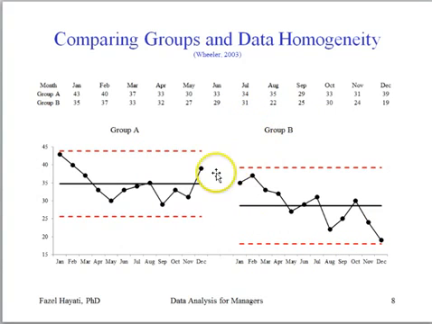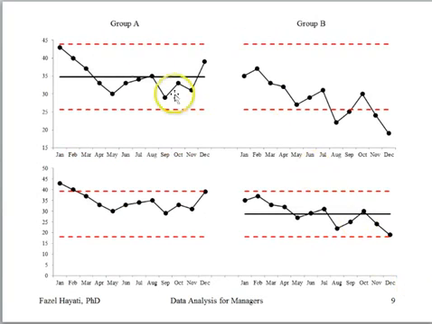If we're assuming that these two groups come from the same system of causes, in other words, that they're comparable, that means that this group must fall within the upper and lower control limits of this range, and this group must fall within the upper and lower control limits of this range. So we make that comparison. Here is group A, with its upper and lower control limits.